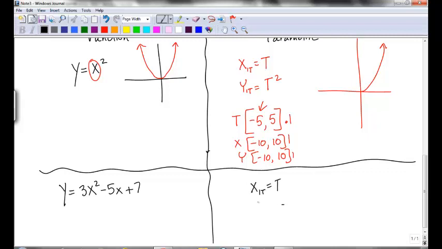Everywhere you see an x in your equation, you substitute in a t. So you'd put in 3t squared minus 5t plus 7, and then you would graph that. You have to make a window that has a positive and negative t value to get both sides of the parabola.